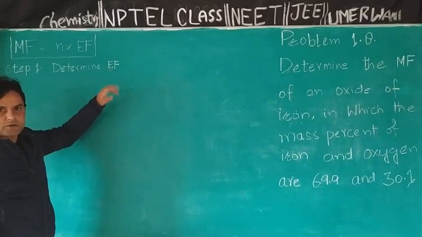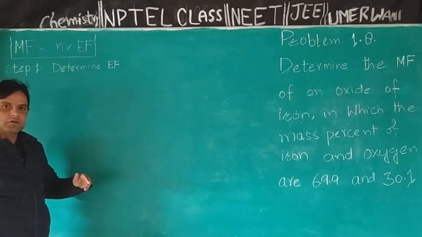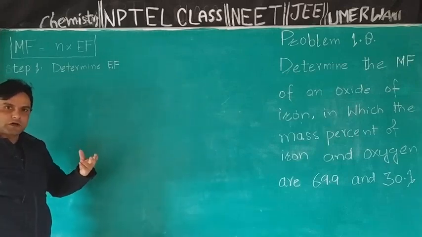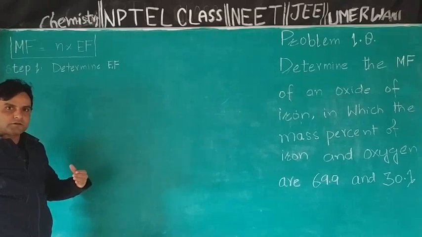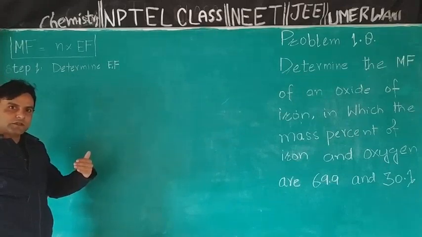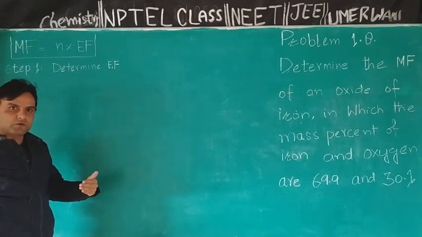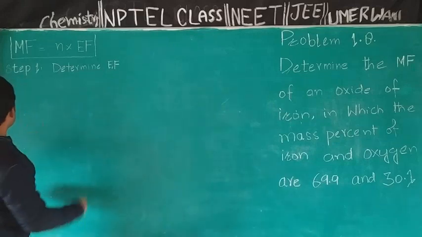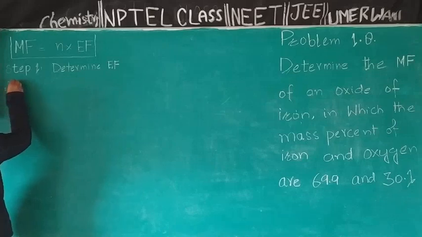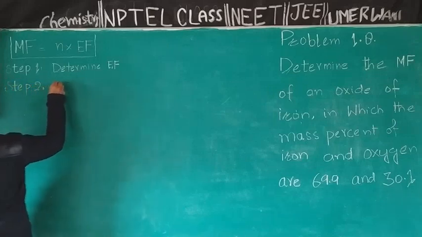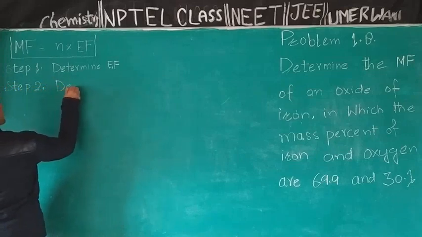Determination of the empirical formula involves knowledge of mass percent of elements and molar mass, then we calculate the number of mole atoms, then make that simplest, then make that a whole number. And step 2 is determination of n.